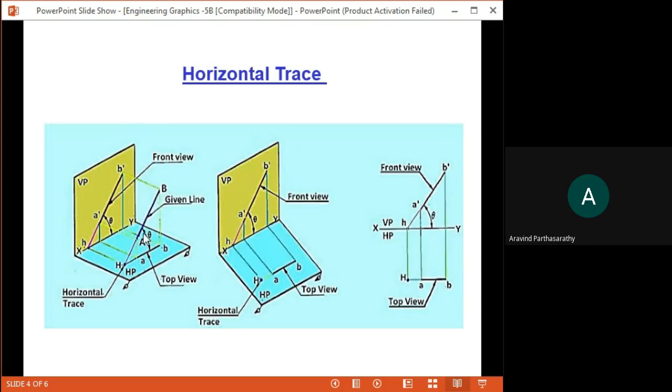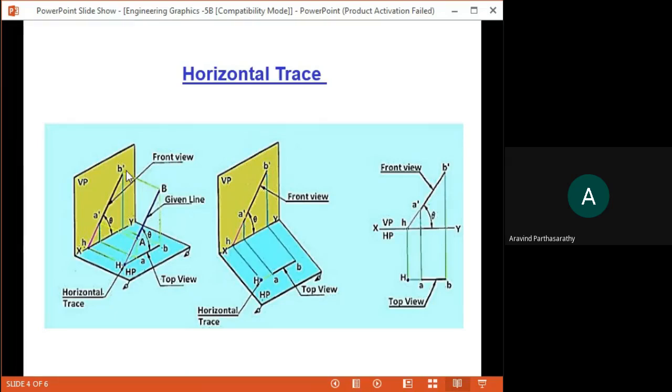It makes an angle with the horizontal plane, that is theta, and it is reflected in the vertical plane. So the front view of this capital AB is A dash B dash.